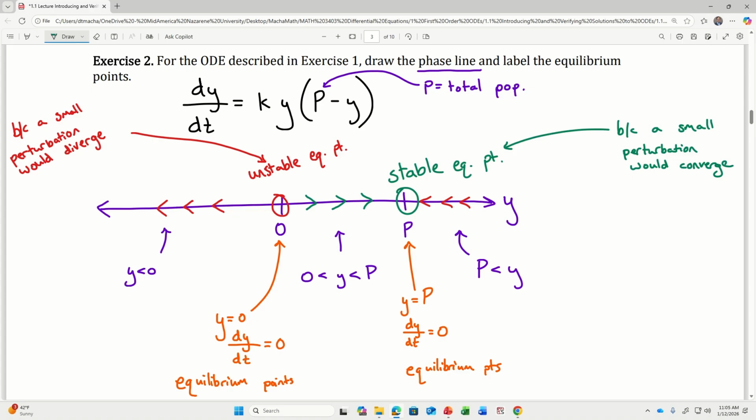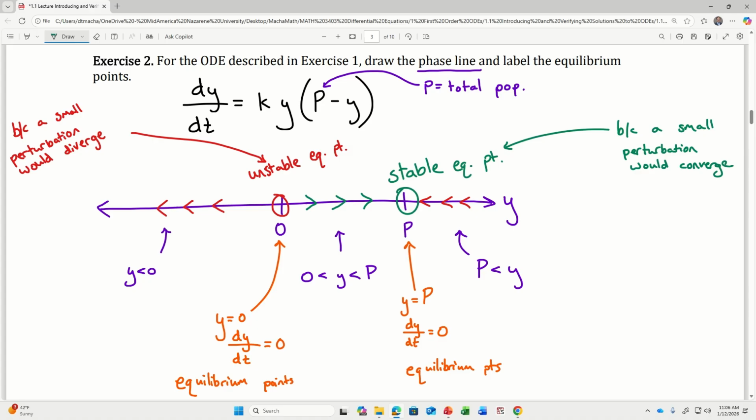So imagine, what if instead of starting exactly at y equals 0, we started at y equals 1? It's only a very small perturbation, but just the 1 means you get into this regime where we grow over time, and that trajectory is going to the right. Or what if instead of starting at 0, I start at negative 0.0001?